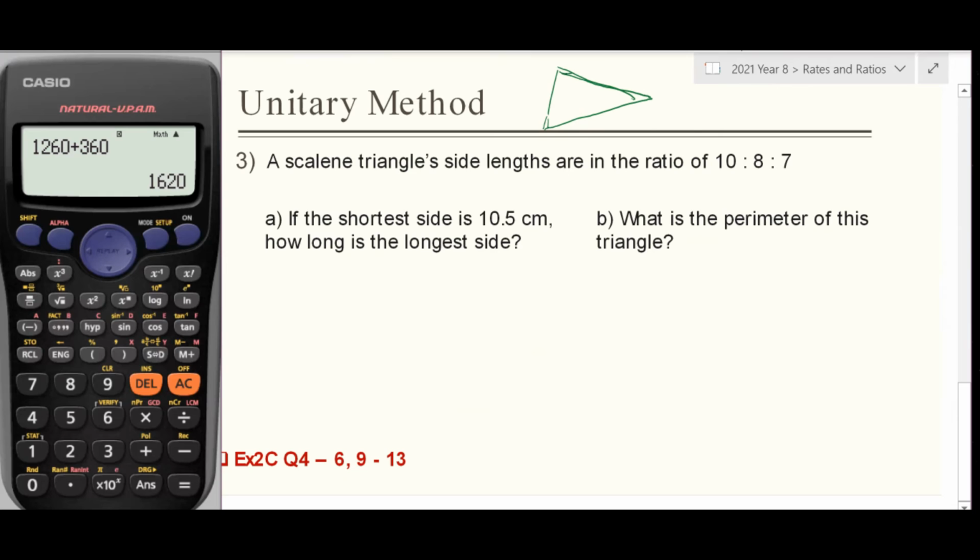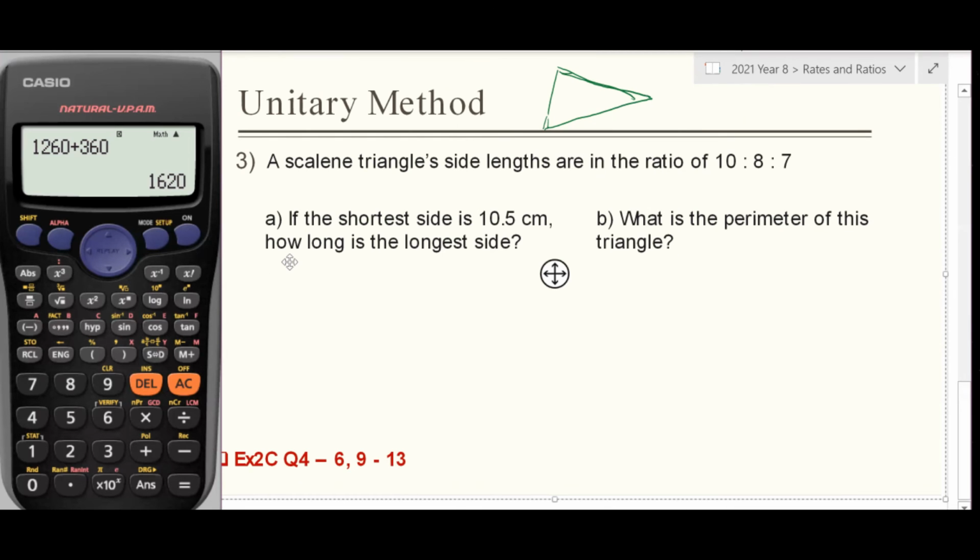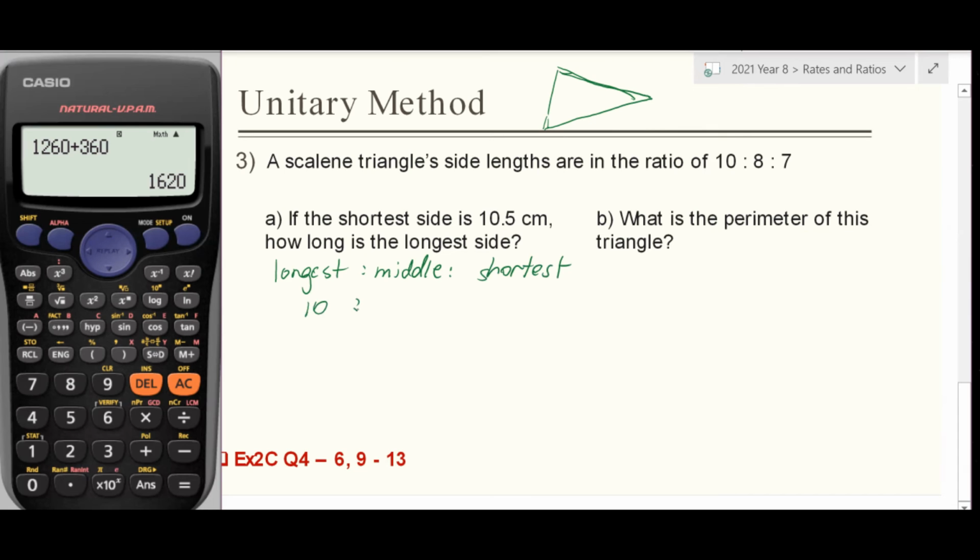We are going to write that down in order. So we have our longest versus middle length versus the shortest. And they're in the ratio of 10 to 8 to 7.